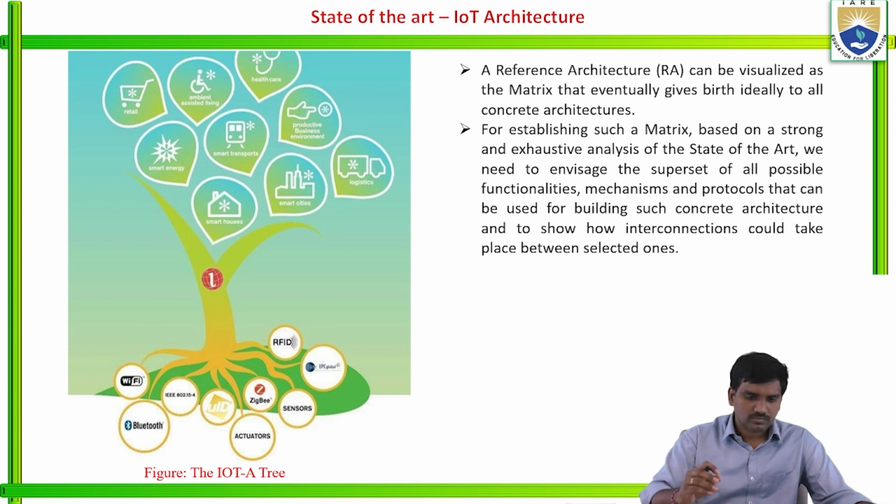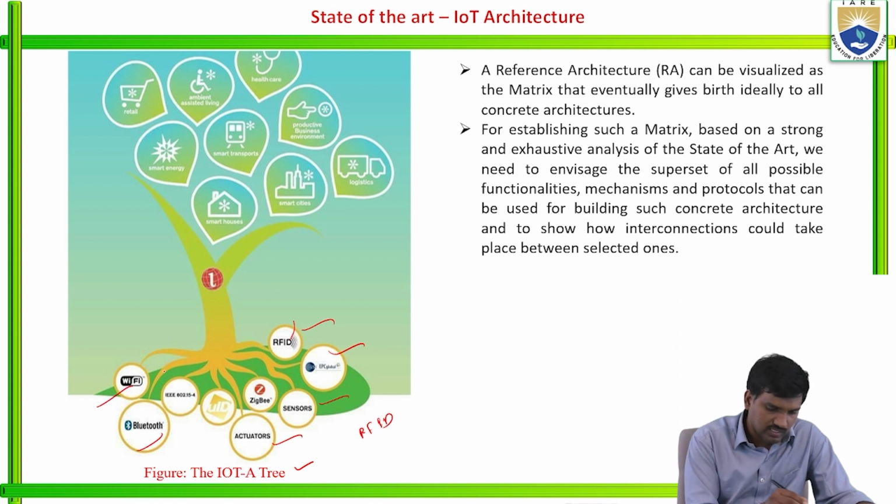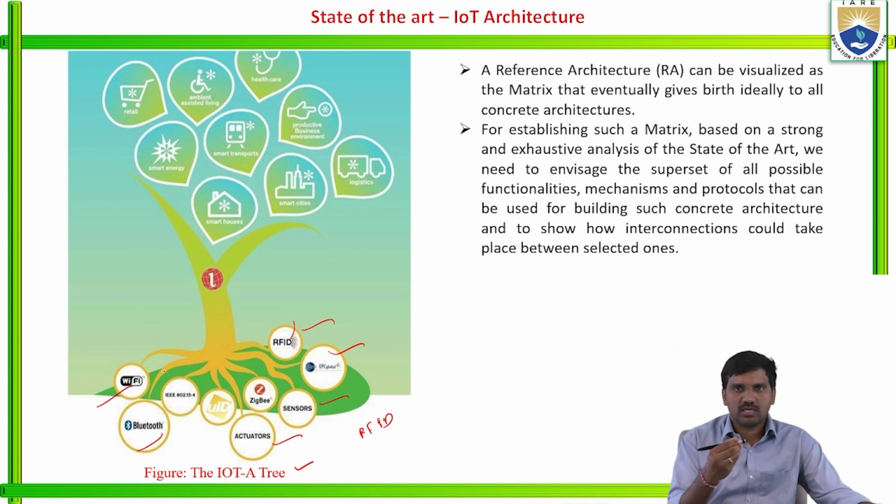Next one, the IoT architecture tree. Here the reference architecture is visualized. Here are the communication protocols like RFID, Bluetooth, Wi-Fi. We have to develop communication between the IoT associated devices, using communication protocols like Bluetooth, Zigbee, or Wi-Fi, depending on our requirement.